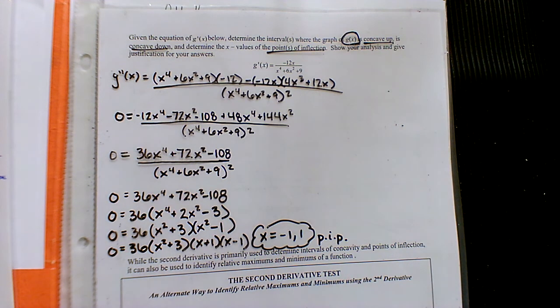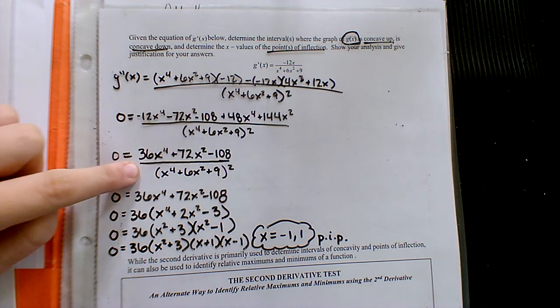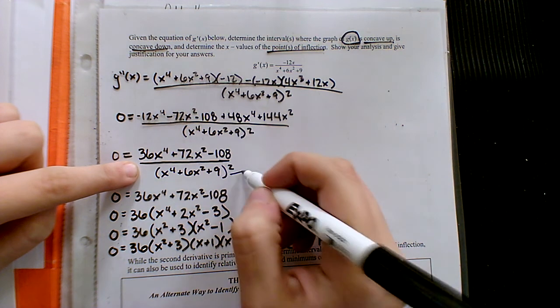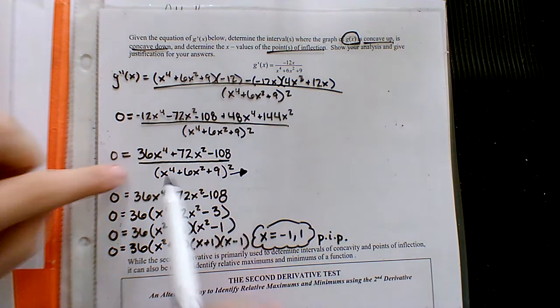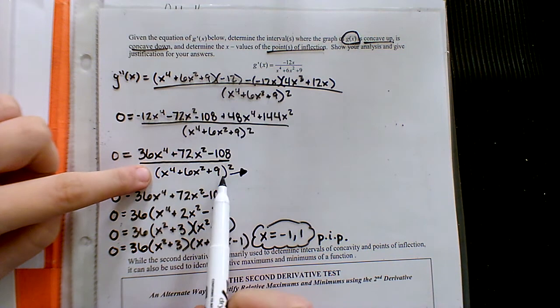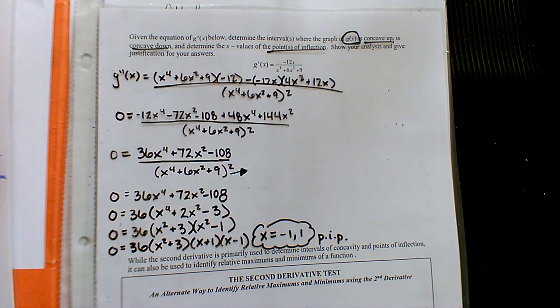I call them pips. Now, there was another part to our definition for a possible point of inflection. It's where the second derivative is 0 or undefined. Wasn't our second derivative a fraction? Yes. So we have to be diligent and check to see if it's undefined anywhere. Can you think of a number that would make the bottom part 0?